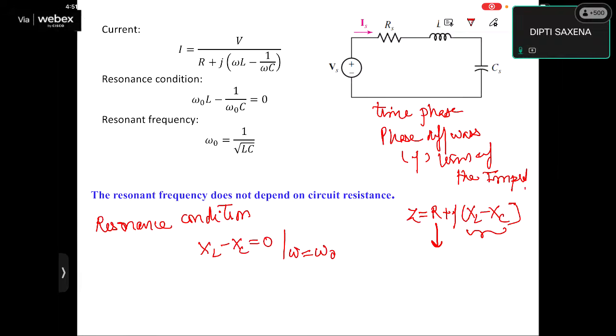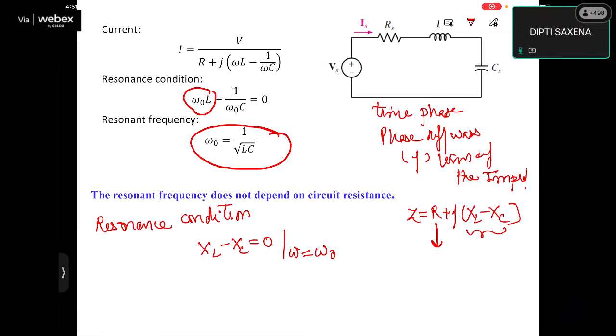Now, when we apply this condition, XL is equal to omega 0 L, XC is equal to 1 upon omega 0 C, and here we see that the resonant frequency omega 0 is equal to 1 upon under root LC.